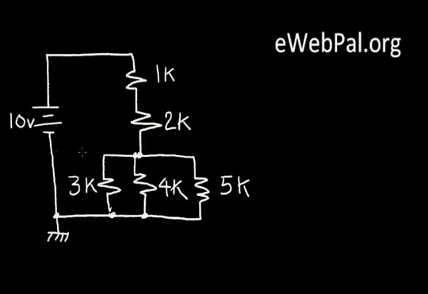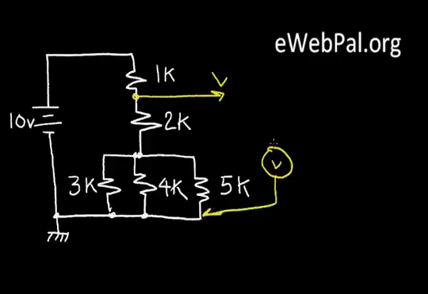Let's solve another resistor problem. Here I have a battery of 10 volts applied to a resistor network. Here I have two resistors in series, and at the bottom I have three resistors in parallel. I want to find the voltage at this point. Let's call it V. What I mean is, if I put a voltmeter from ground to this point right here, what do I measure?